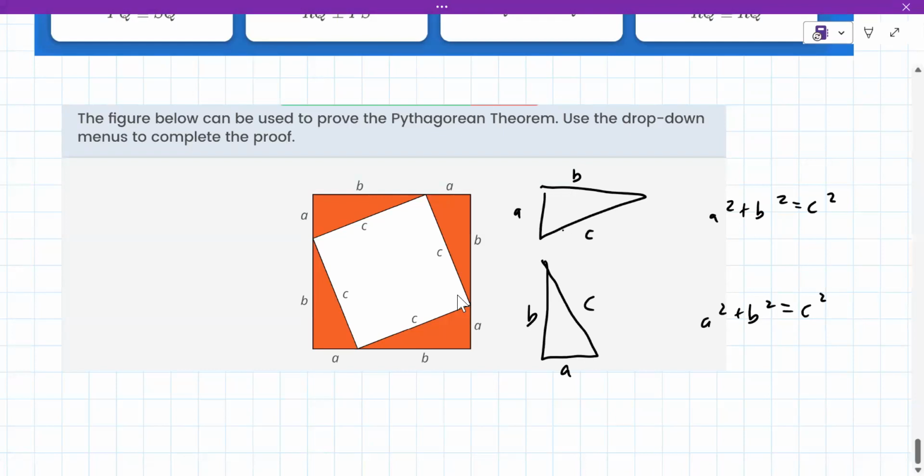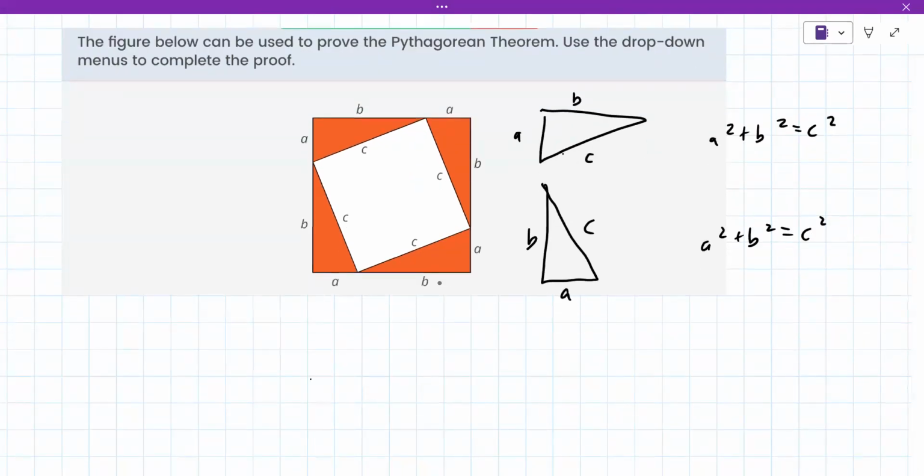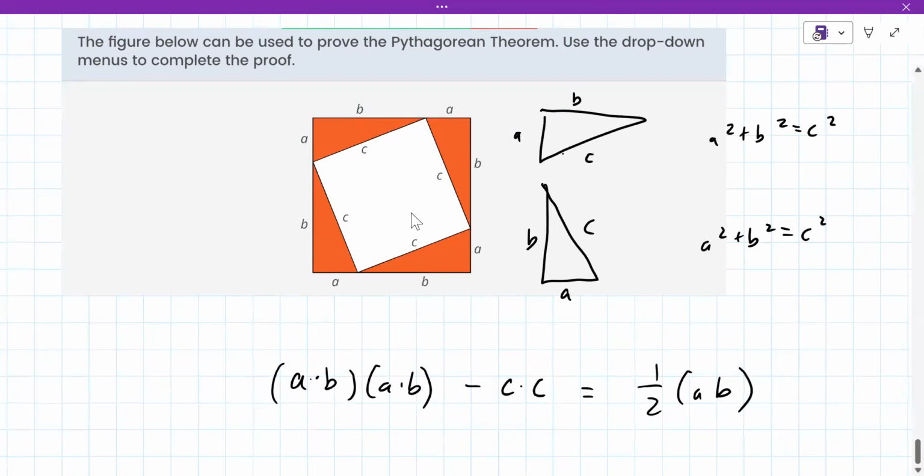They also tell you that the whole square is A times B times A times B minus C times C equals 1/2 A times B. So it's kind of involved here.